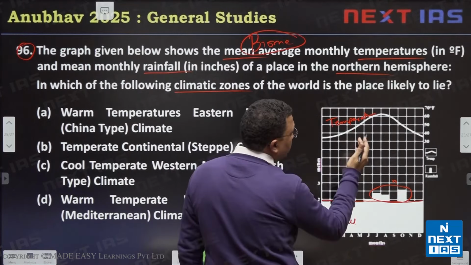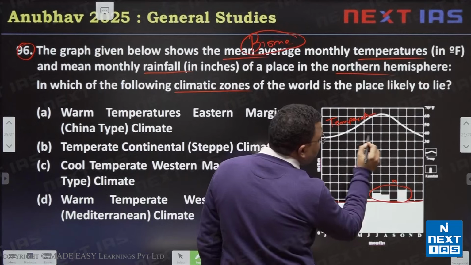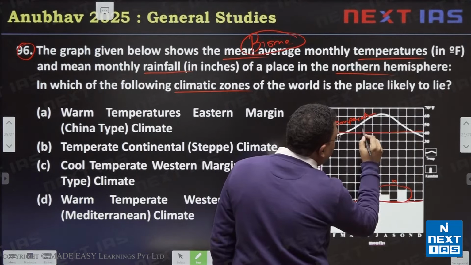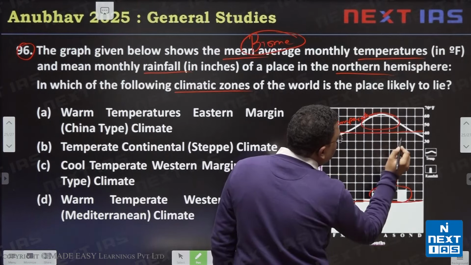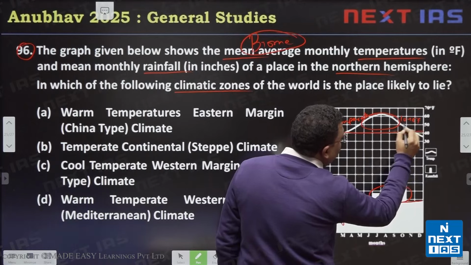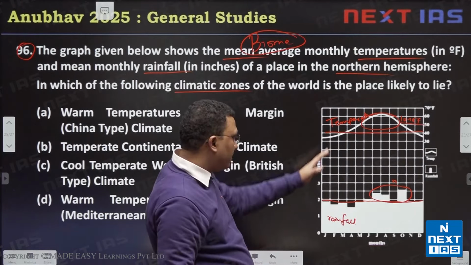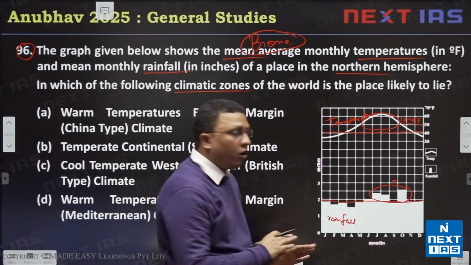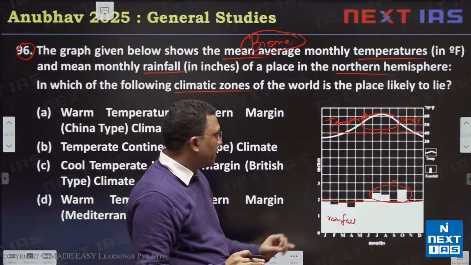Likewise, the graph of temperature is almost uniformly distributed throughout the year around 40 to 45. Only in some months there is a slight spike of 10 to 15 degree Fahrenheit, right? So you can conclude that the temperature as well as rainfall is almost uniform throughout the year.